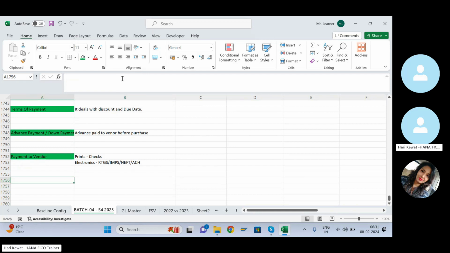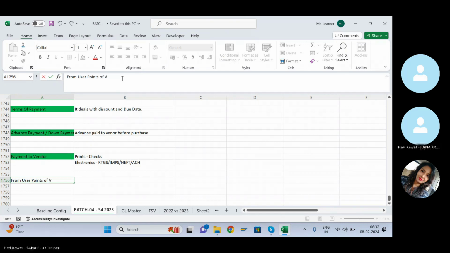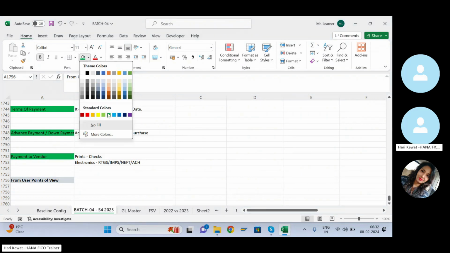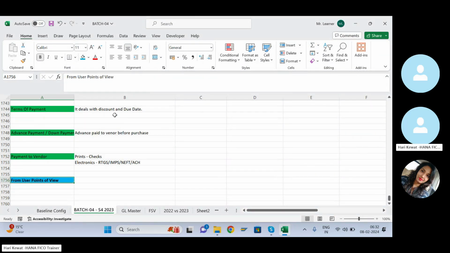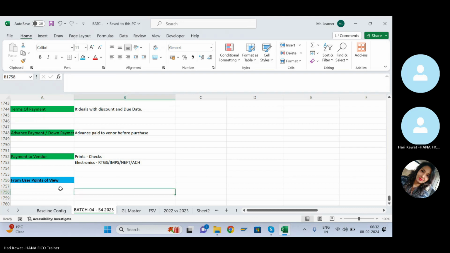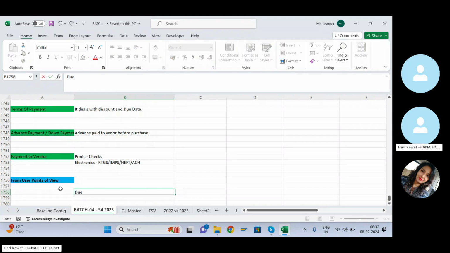Now, these are some very few things I have noted as a part of the consultant. Now, what is the user more concerned about in the AP? From the end user point of view, the accountant who is going to work in AP, the important point is due invoices.